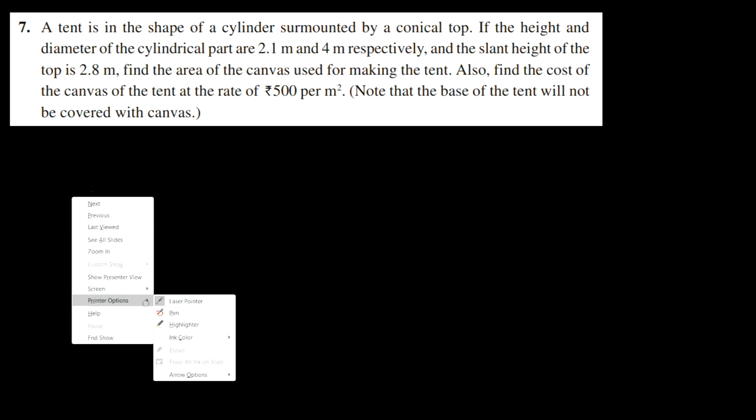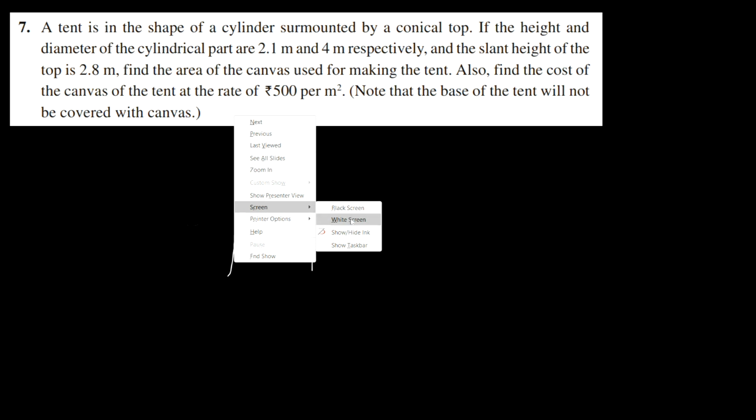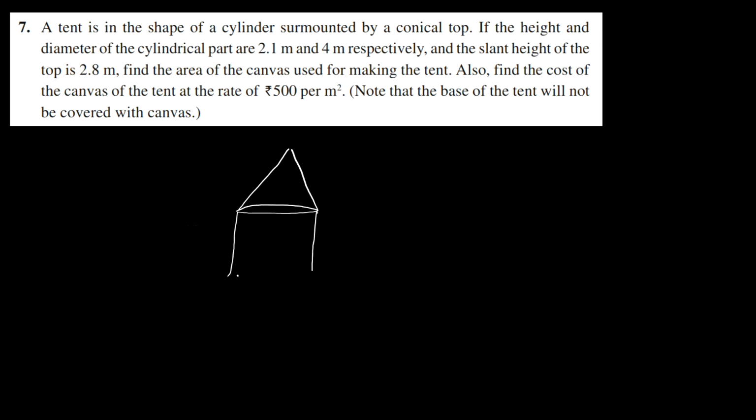Now see here, let me draw the diagram first. There is a cylinder and above that there is a cone. I think due to wind it was blown away, so that's why it is in that shape. Please don't mind. So this is the cylindrical part and this is the conical part.